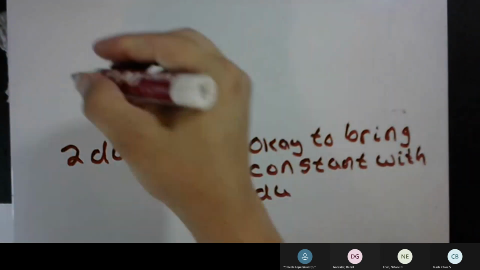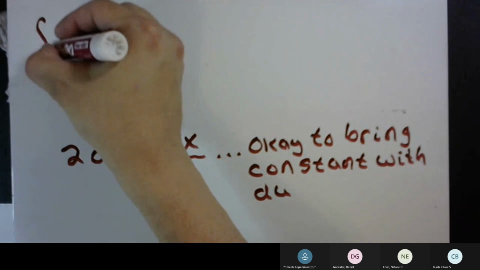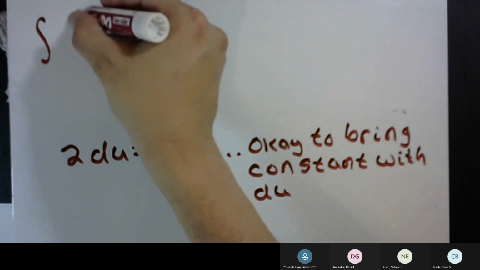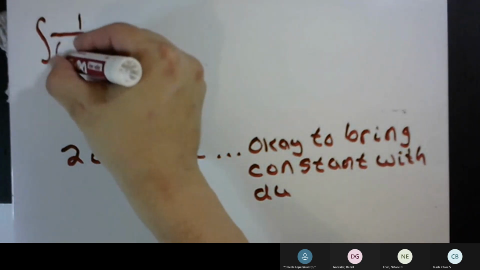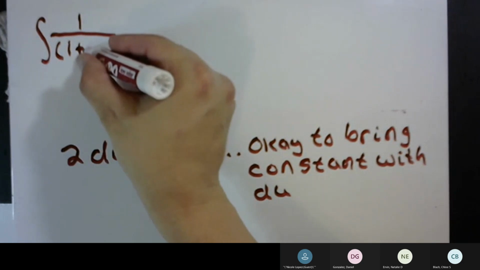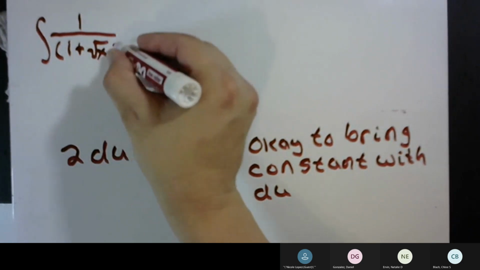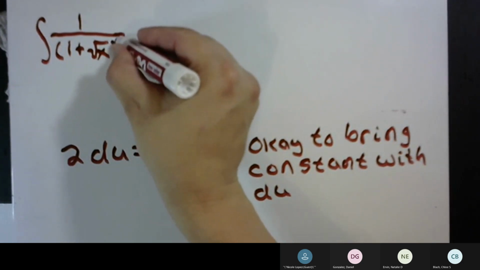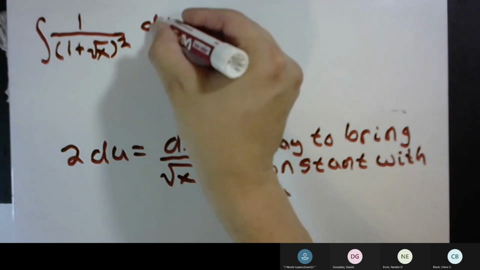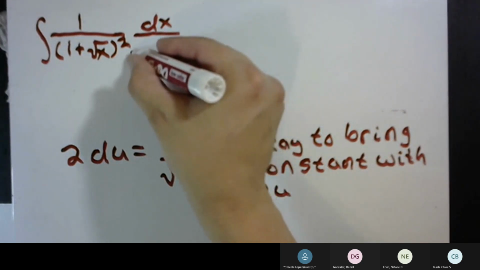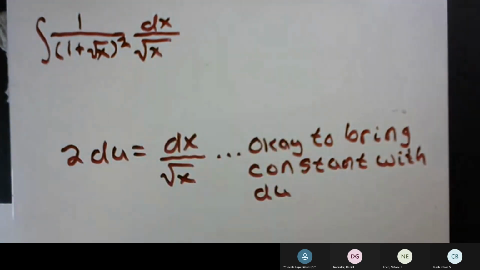So what happens is we take our integral, I'm going to rewrite it just a little bit so we have dx over square root x.